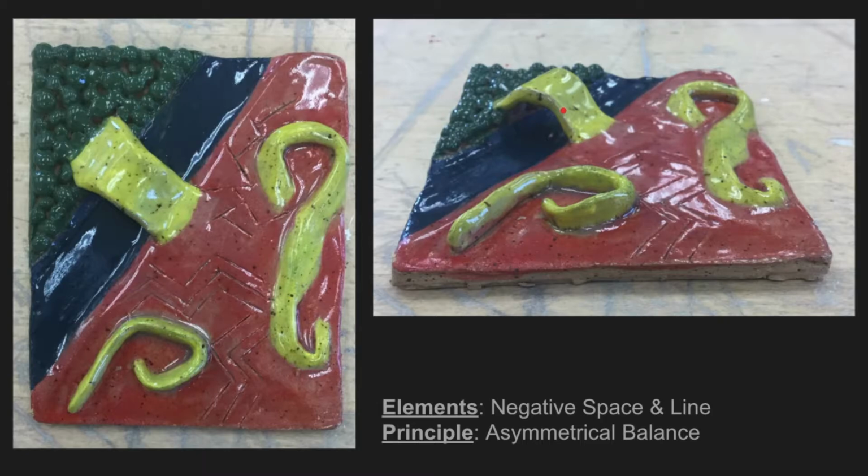For line, they carved the surface with a zigzaggy, jagged line, but they also have these yellow organic swirly lines. For asymmetrical balance, if you try to cut it in half and see if it's the same, you can't do it.